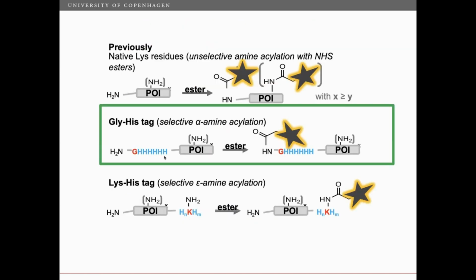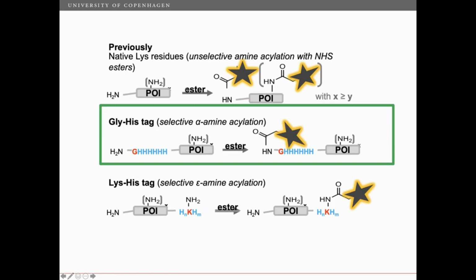And we, of course, have focused on acylations. Acylations are fantastic reactions. They give very stable linkages, can be performed in aqueous media. So when we started out, we were up against acylation. That would be a not very specific acylation with rather reactive esters, such as the NHS ester.